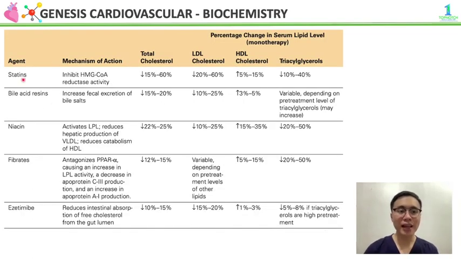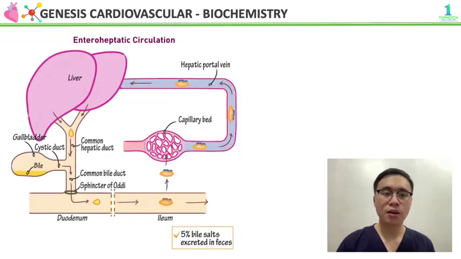So next you have your bile acid resins. And what's the mechanism of action of the bile acid resins? So they increase the fecal excretion of bile salts. Remember in the pathway that I showed you earlier, part of the derivatives of cholesterol would be the production of bile acids, right? So you do know, however, that a huge chunk of these bile salts get reabsorbed. So this is actually part of the enterohepatic circulation. We try to recycle, right?